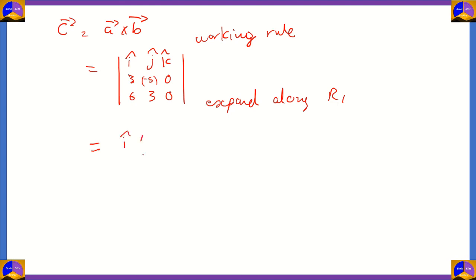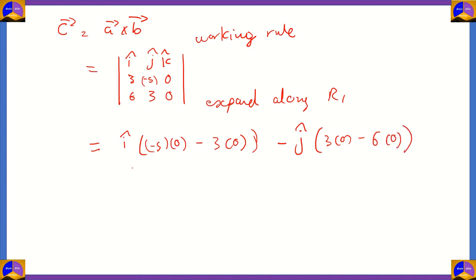So I cap times minus 5 into 0 minus 3 into 0, and then you have an automatic minus, and then J cap, it'll be 3 times 0 minus 6 times 0. We're just writing it, but from an observation you would already know that I cap and J cap are already 0. So now let's put in K cap.